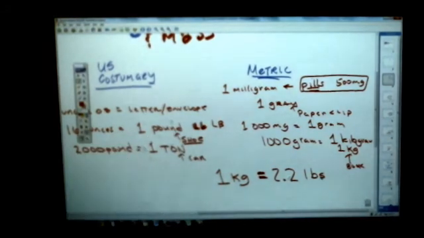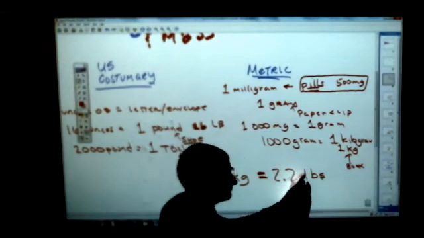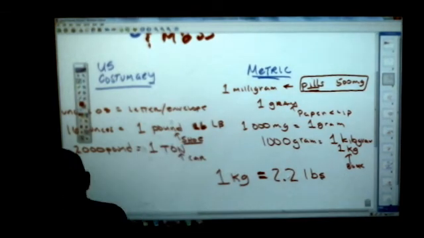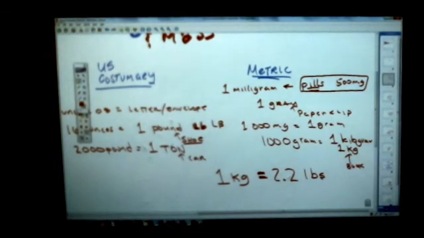In other words, if you want to go on a diet, just give your weight in kilograms and not in pounds. You'd be a little less than half. So if you weigh 70 pounds, you'd only weigh about 30, 31, 32 kilograms.